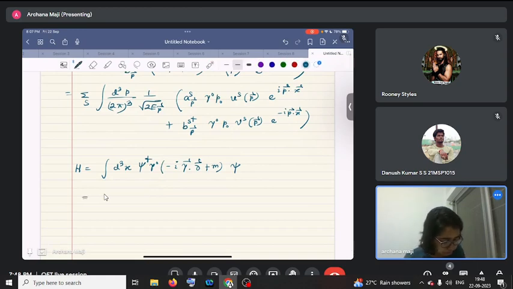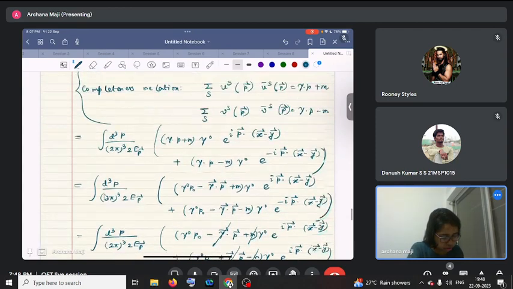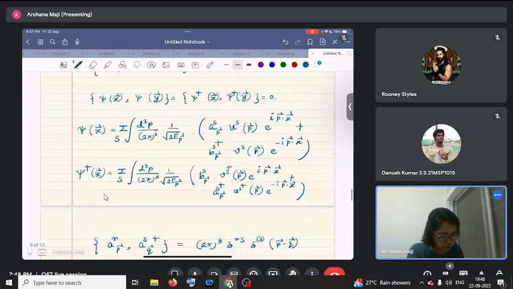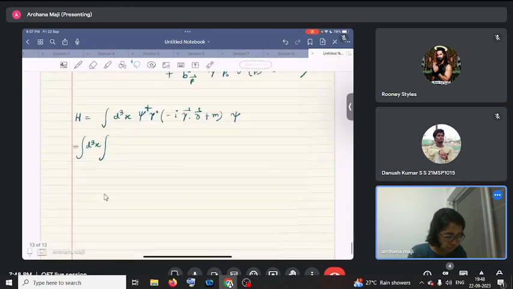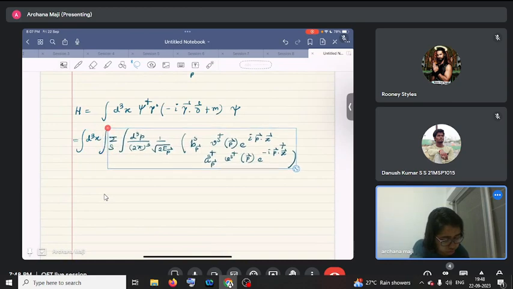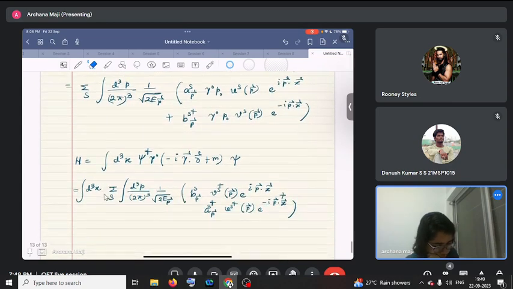So we are left with d3x psi bar, psi dagger. Let me copy psi dagger also from above.